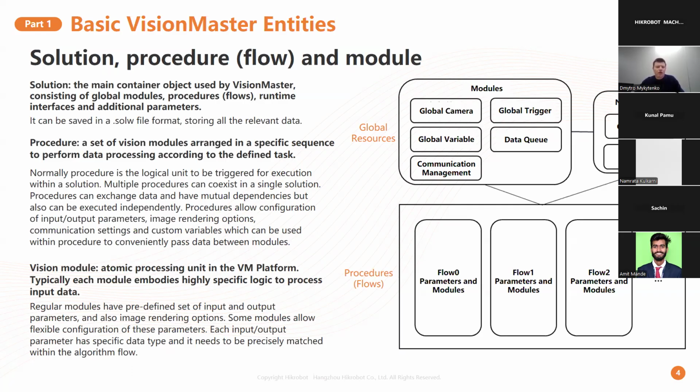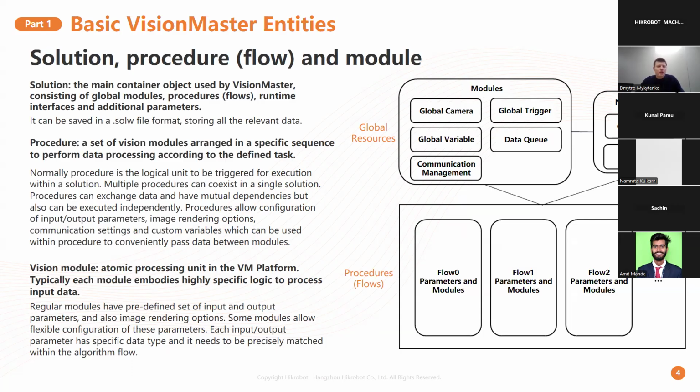A procedure represents a single logical entity that can be triggered to perform a specific vision task. You can think of a procedure as a substantial part of a machine vision algorithm. Procedures are built from modules, also called vision tools, that execute individual data processing steps.